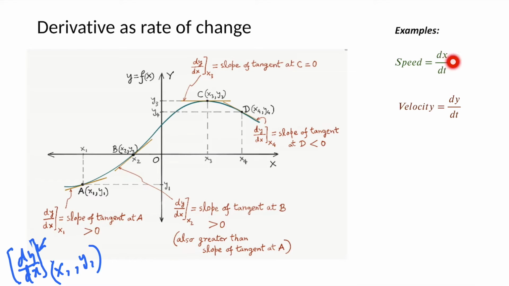So, therefore, the distance traveled is 0. Whereas when the object is traveling at some speed, dx by dt would be positive, which implies that as time passes, the distance traveled increases.